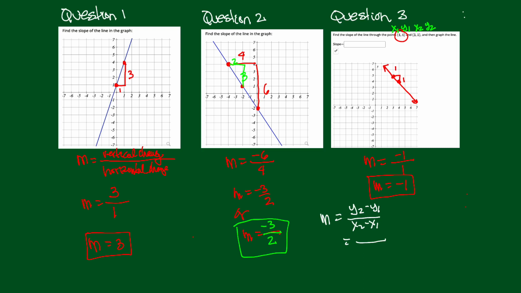So when I compute this numerator, second y minus first y, second minus first, how about 5 minus 4? So I'll get 5 minus 4 over second x minus first x, so 3 minus 4. So now I get 1 over -1, and that's pretty close to what we had up here. But I still get -1 out of that.